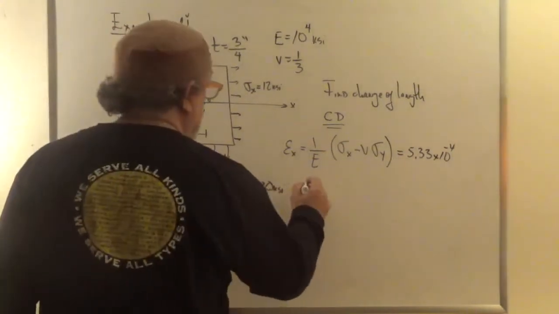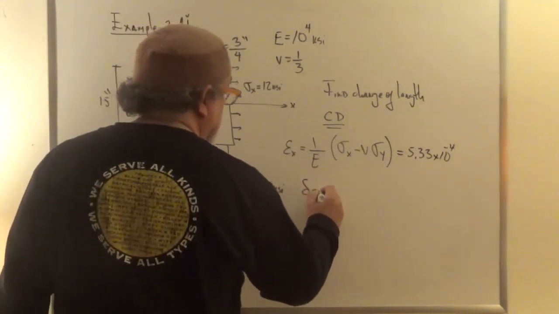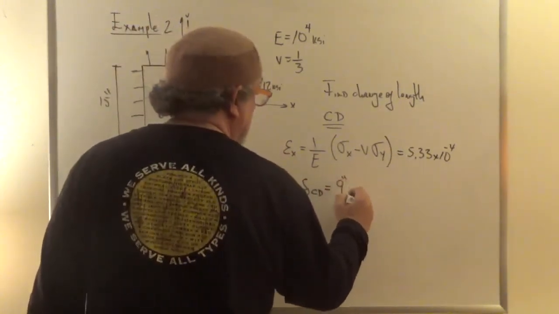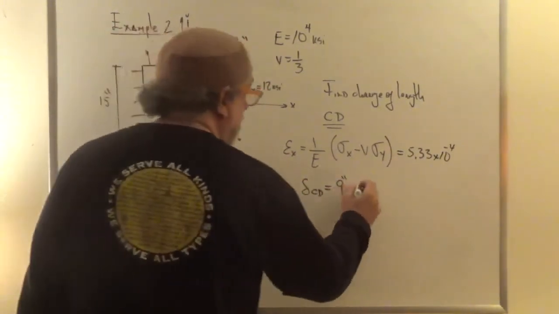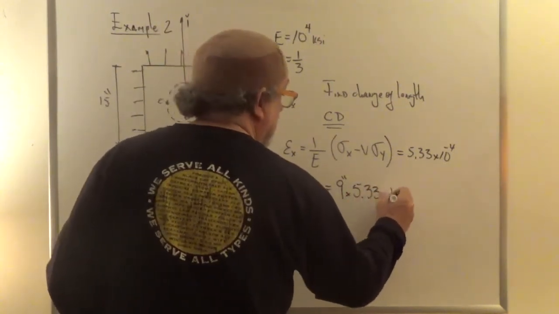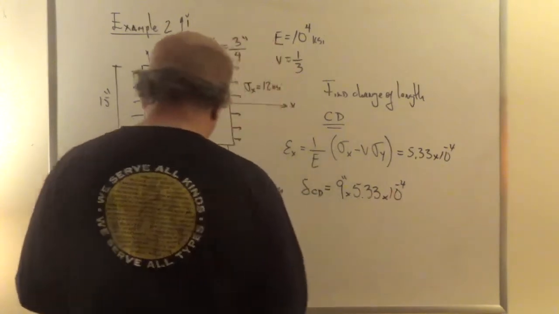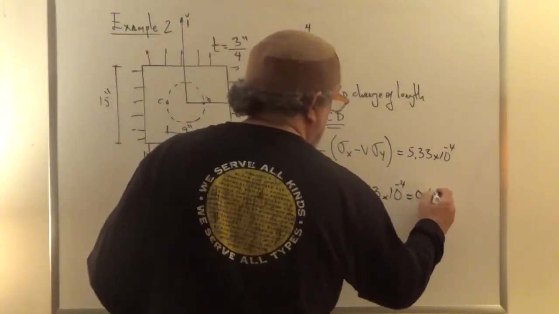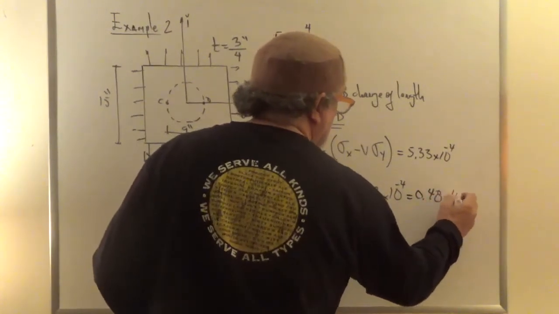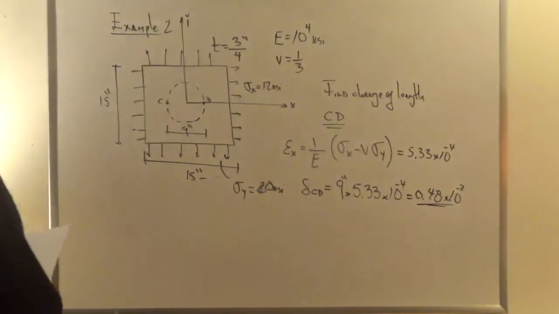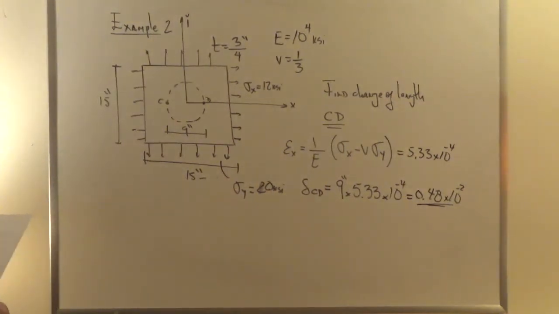Well, by definition, delta of CD is just the original length, 9 inches, multiplied by the strain, 5.33 times 10 to the minus 4, and that is equal to 0.48 times 10 to the minus 2. So that's how much that diameter changes, right?